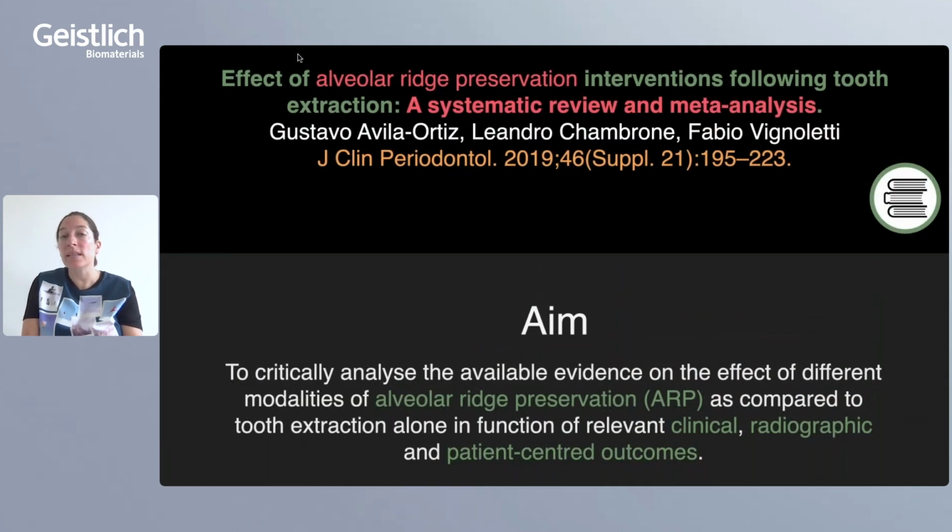So let's look whether this is really something to go, whether we do have data for ridge preservation procedure, or whether this was just some lucky punch in one of the clinical cases. Avila Ortiz and co-workers have done a systematic review and a meta-analysis on alveolar ridge preservations.